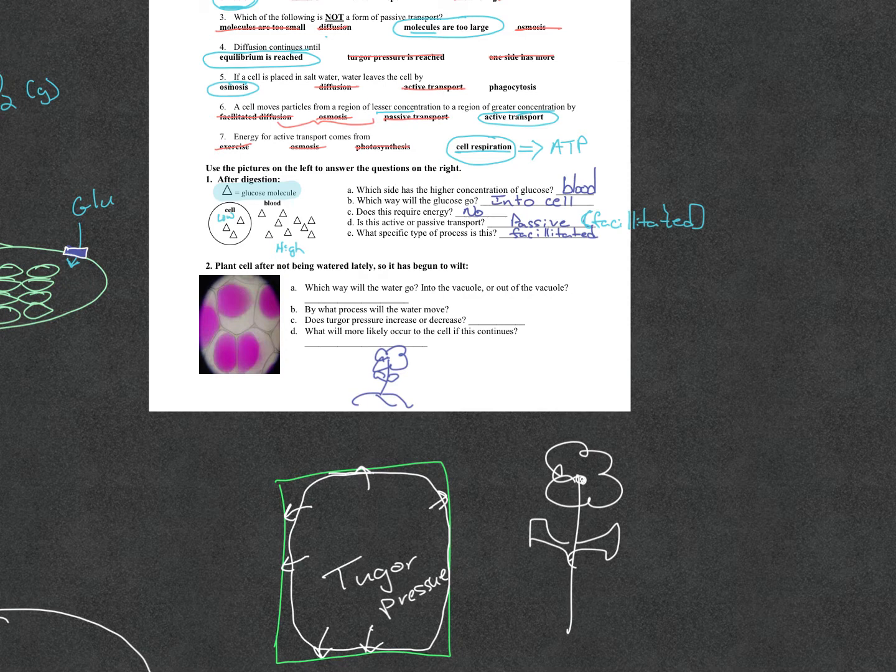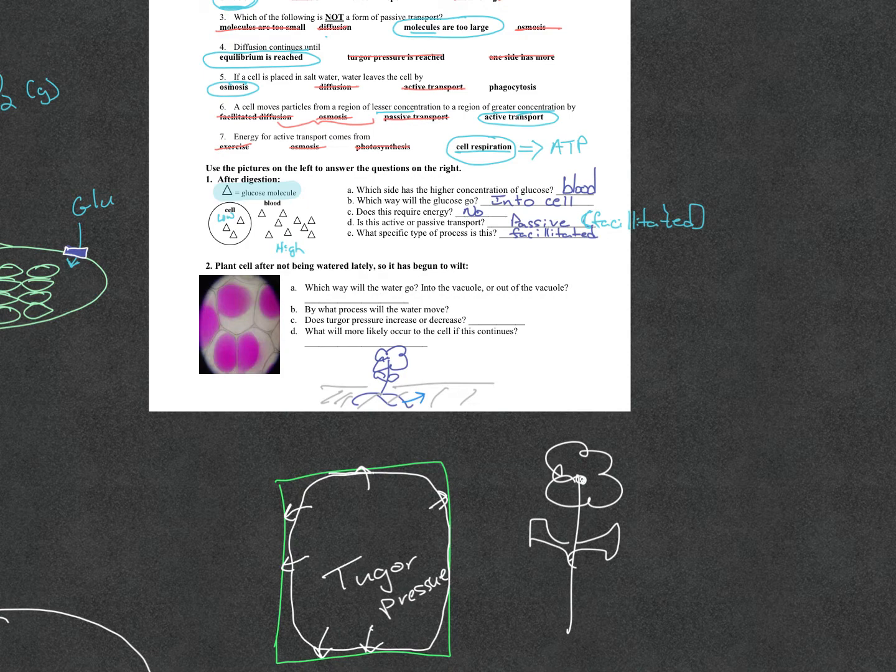There's less water on the outside than you would normally expect, and inside there's more water. So water is going to go from inside to out, because there's a higher concentration of water inside the cell than on the outside. So the plant loses water and starts to droop.